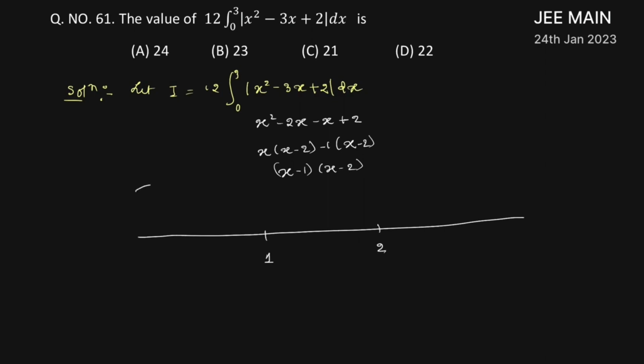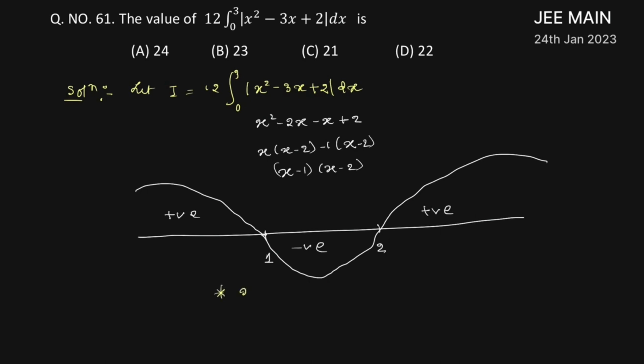So this part minus infinity to 1, that is positive, and 1 to 2, that is negative, and 2 to infinity, that is positive. So our x belongs to 1 and 2 when f of x is less than 0. Our x belongs to R minus 1, 2 when f of x is greater than or equal to 0.